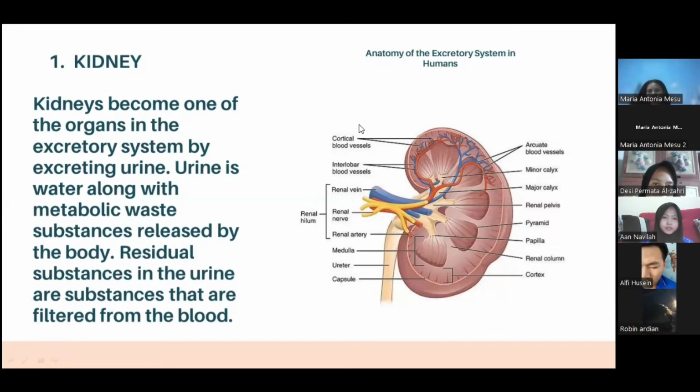Kidney. Kidneys are one of the organs in the excretory system, excreting urine. Urine is water along with metabolic waste substances released by the body. Residual substances in the urine are substances that are filtered from the blood. Next.